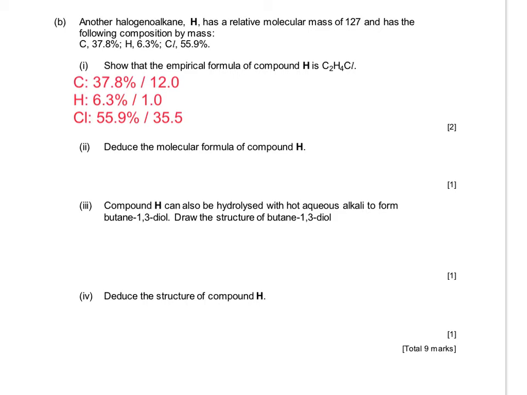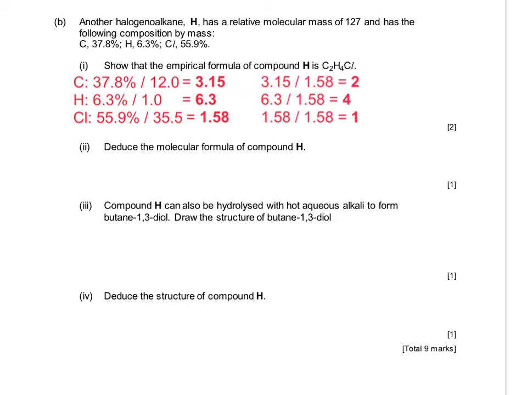So you take each percentage and divide it by the relative atomic mass of that element. So it gives us those numbers, and now what you do is you divide by the smallest. So that gives us a ratio of 2 to 4 to 1, and therefore that gives us the empirical formula.